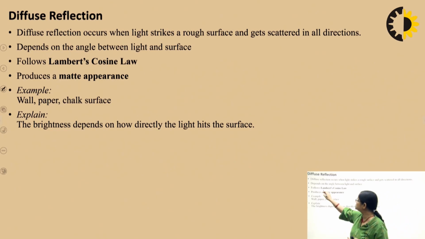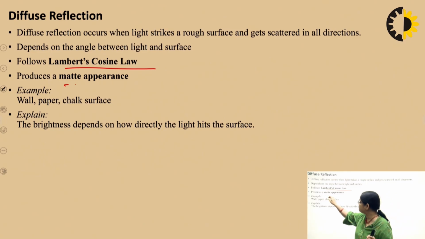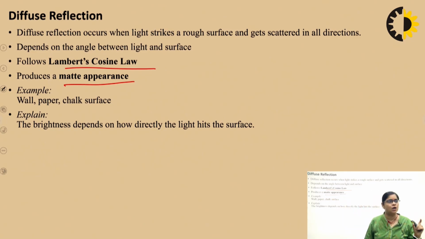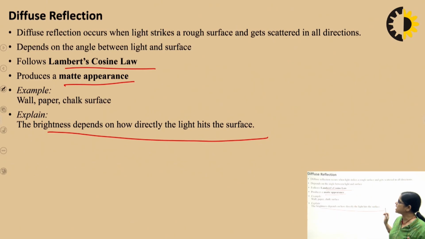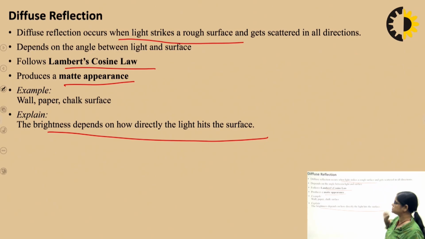Normally, it follows Lambert's cosine law, and it produces a matte appearance. For example, a wall, paper, or chalk surface: the brightness depends on how directly the light hits the surface. That's why we call it diffuse reflection. The diffuse reflection occurs when the light strikes a rough surface. That you have to keep in mind.